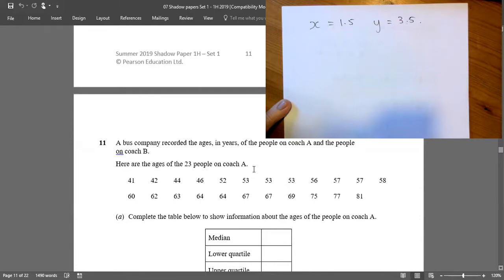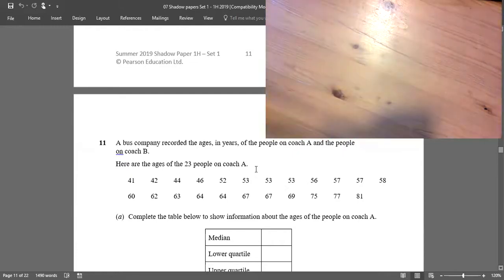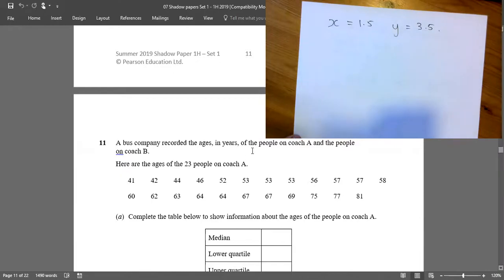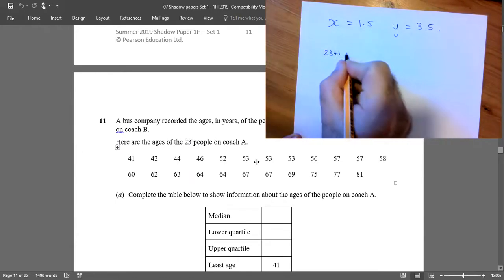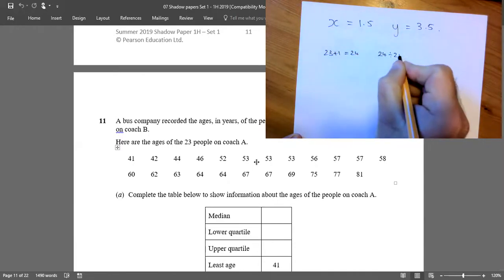Okay. So a bus company has recorded the ages in years of people on a coach, A and B. Here are the 23 people on coach A. Find the median. So if there's 23, 23 plus 1 is 24. 24 divided by 2 is 12.